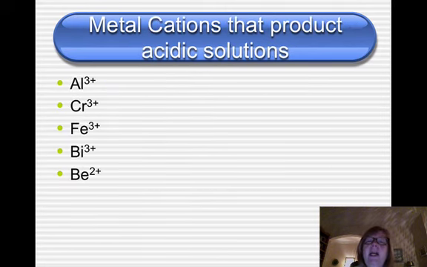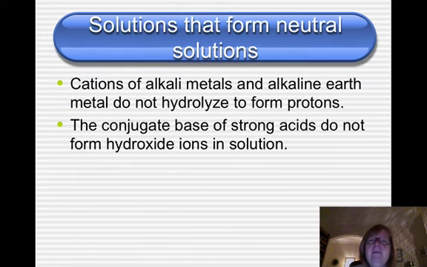Okay, but metal ions that are commonly used and form acidic solutions are something like aluminum with a +3, or chromium, or iron 3, and bismuth 3, or beryllium 2. So these are cations that if you put them with an anion that was neutral, you would have an acidic solution.